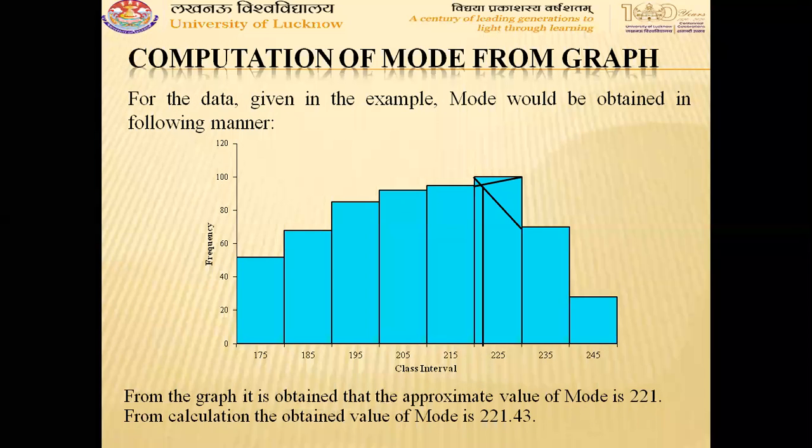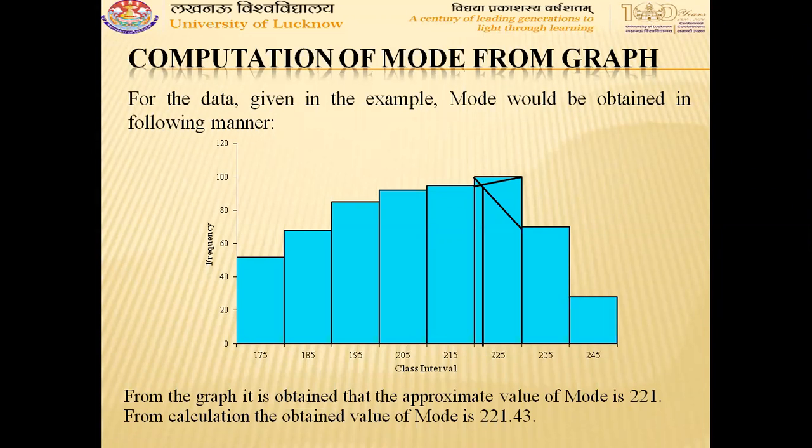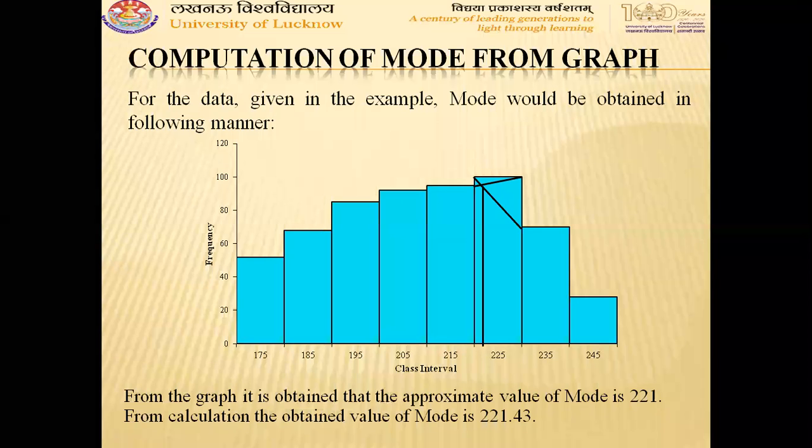So in this manner we can also make an idea about the mode from the graph. By using proper instruments for constructing the graph and making measurements, we can obtain the exact value of the mode from the graph.